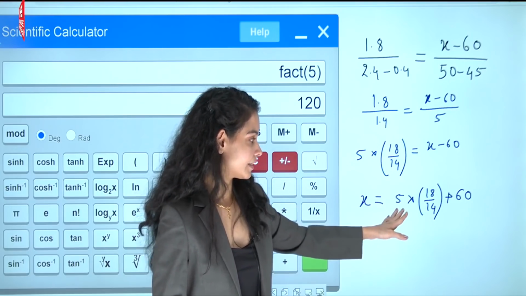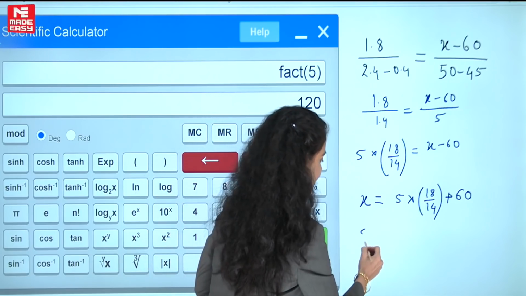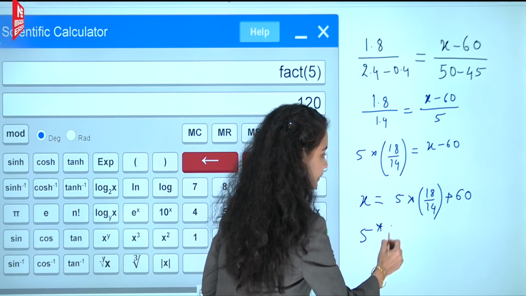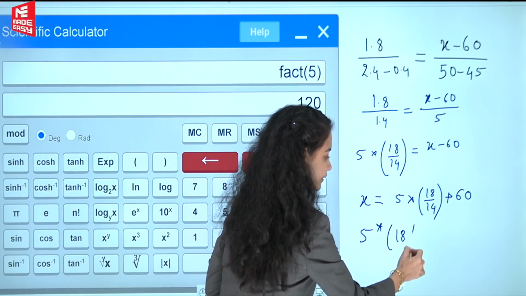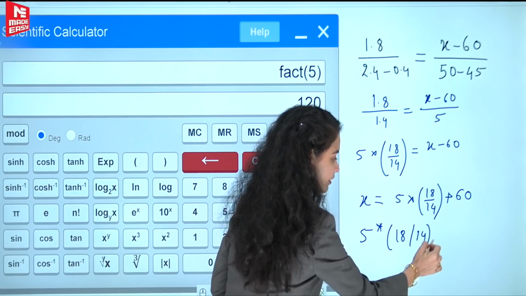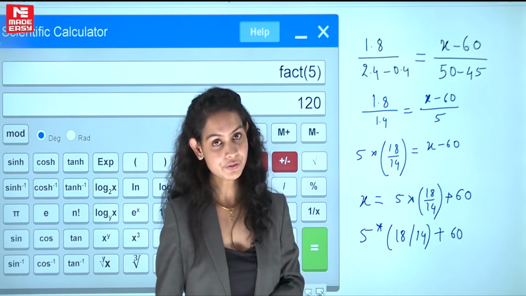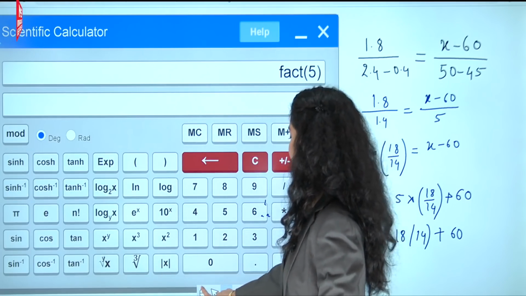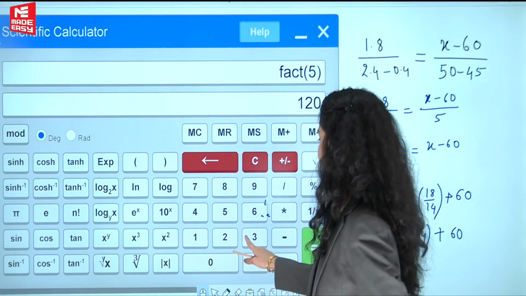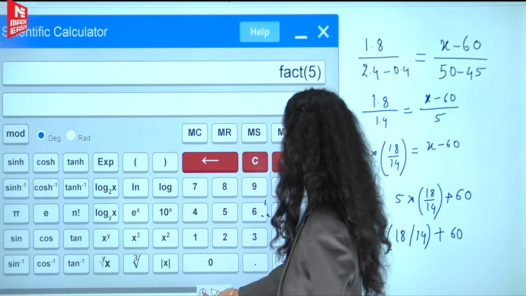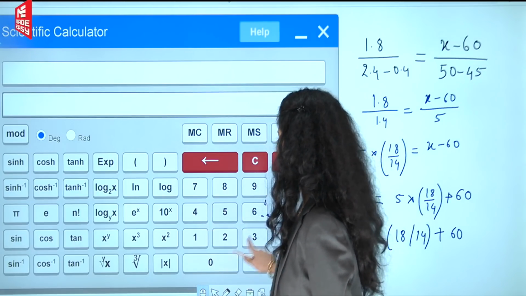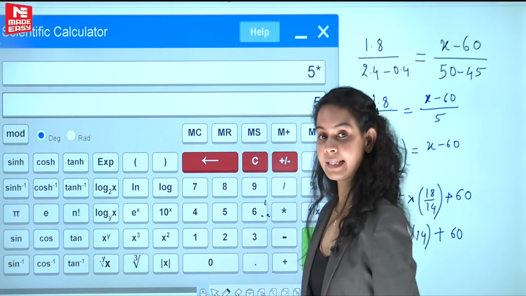So for this it is 5 asterisk, that is a multiplication sign, open the bracket, 18 divided by 14, close the bracket, plus 60. You will get the value of x. Let's perform this once on the virtual calculator. It will be 5 into 18 by 14.